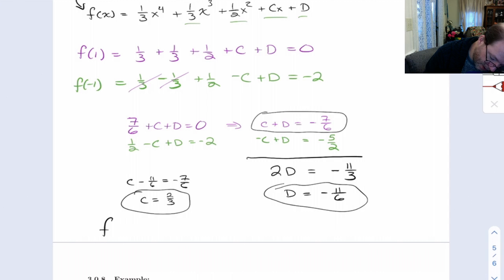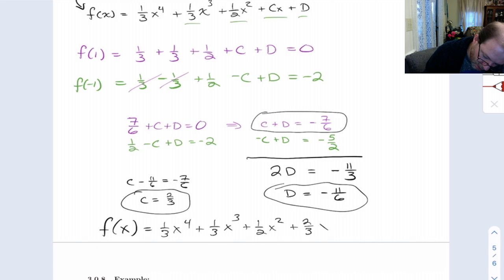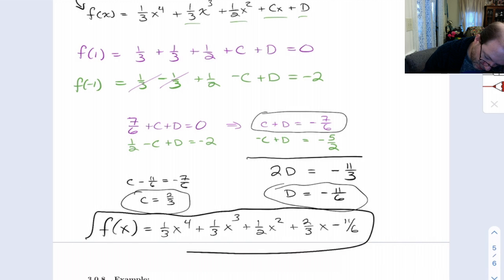Final answer is going to be f of x is 1/3 x to the 4th plus 1/3 x cubed plus a half x squared plus cx, so plus 2/3 x plus d, so minus 11 over 6. And that is my answer.